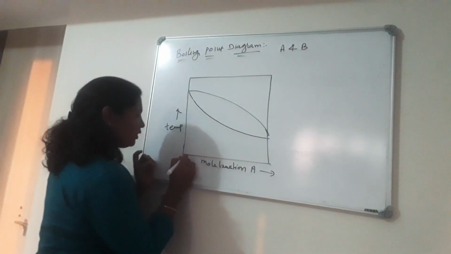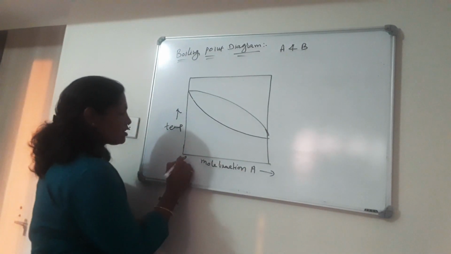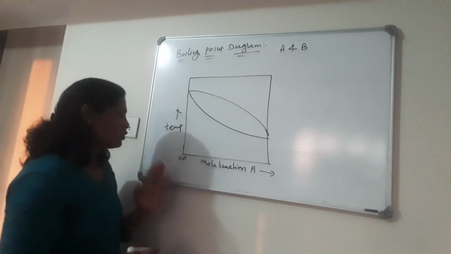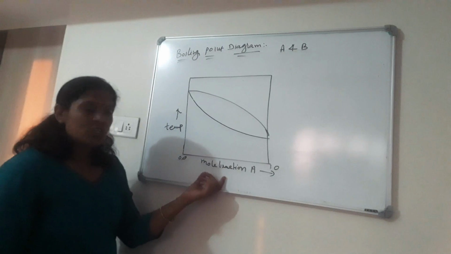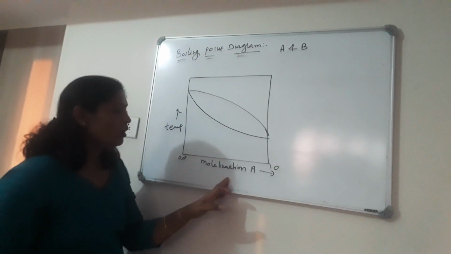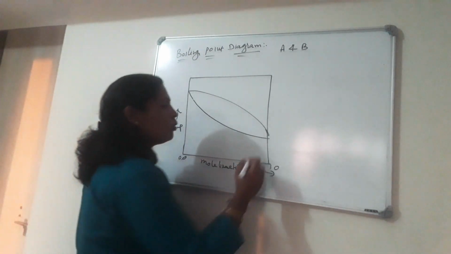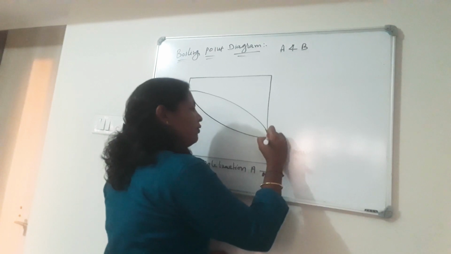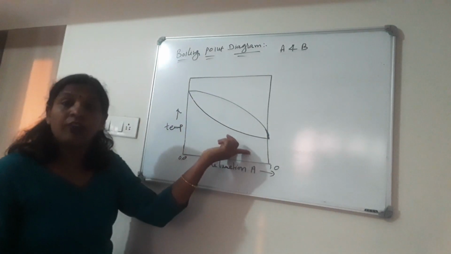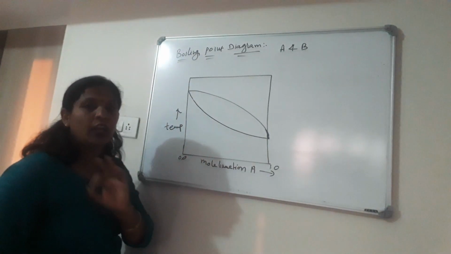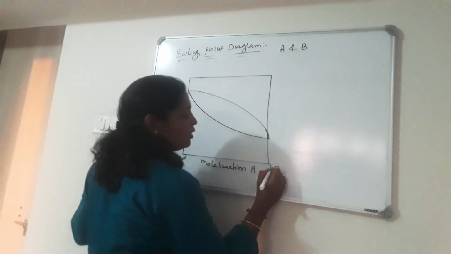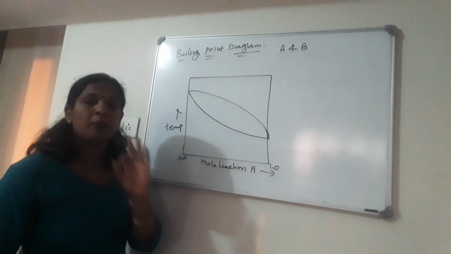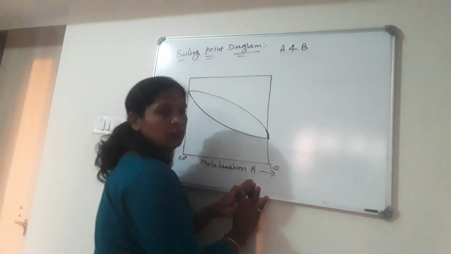The mole fraction changes from 0 to 1. When the mole fraction of A is 1, there will be no B, only 100% A.